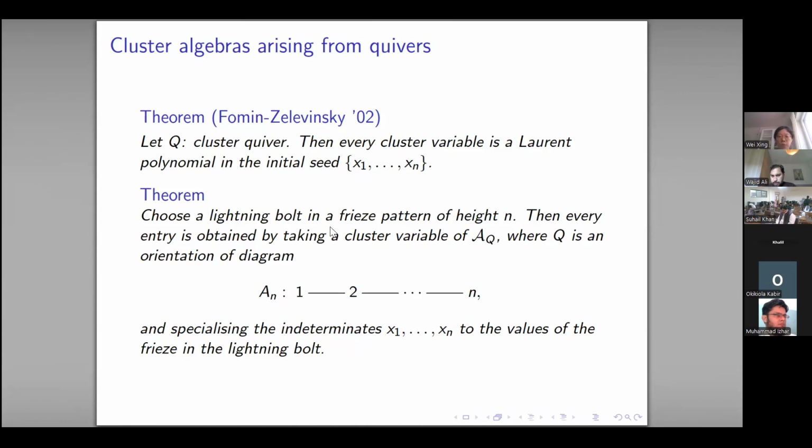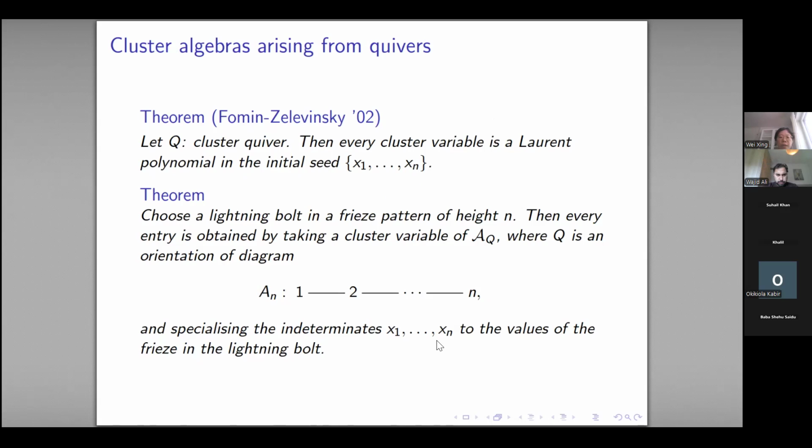Moreover, there's a bijection between the lightning bolt, or between a Frieze pattern, and the cluster algebras of type A. So if we choose a lightning bolt in a Frieze pattern of height n, then every entry is obtained by taking a cluster variable of A of Q, where Q is a quiver such that the underlying graph is just this An graph.